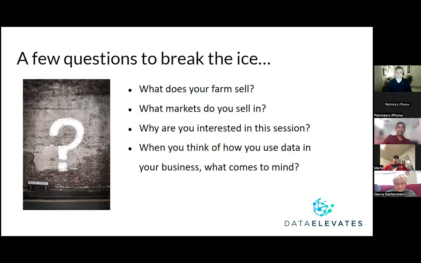Our farm sells a number of items. Our primary crop is avocados, late season. We're the last area in California that has avocados. And then we do finger limes, a crop that was indigenous to Australia and is now being grown in this country. We also do passion fruit and a couple of other specialties.